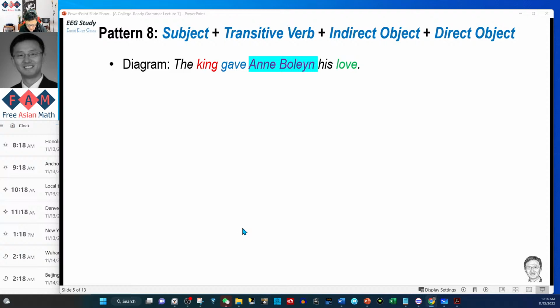But here, a lot of students will get confused with this sentence. They will think that in this sentence, Anne Boleyn is the direct object of gave. That is wrong, because logically, this is exactly the same thing as the earlier prepositional phrase version.